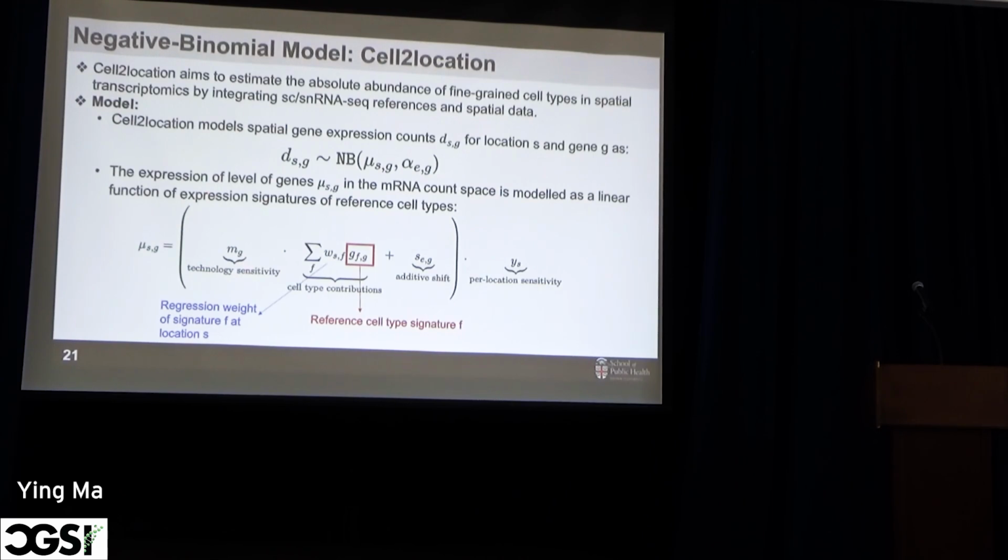And they also add another m_g, which represents the technology sensitivity, because there is heterogeneity in detection sensitivity between the single-cell platform and the spatial transcriptomics. And all the other variance that is not explained by the cell types and the technological sensitivity, they aggregate into another term, s_eg, to represent the additional shift.